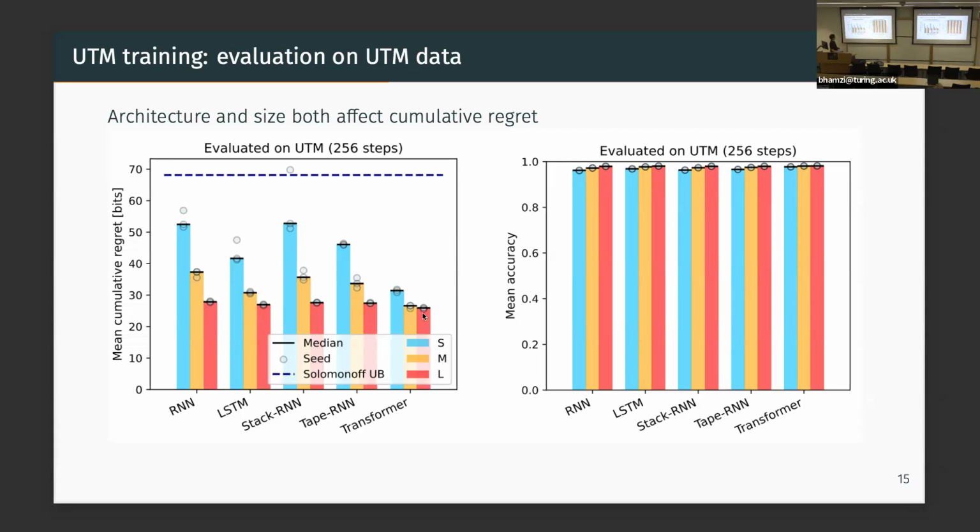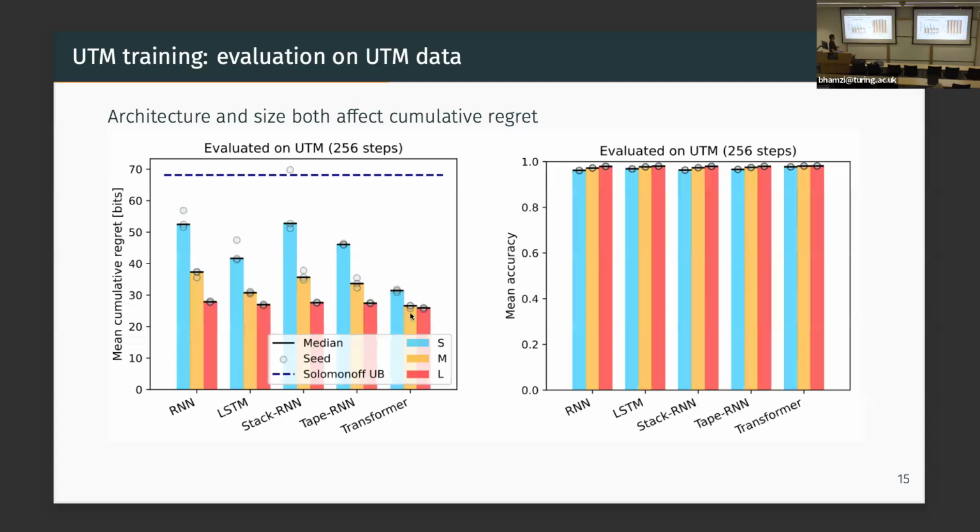Again, the transformer is doing really well compared to other architectures, and the large models have the lowest regret. I think that's interesting to note. Transformers are somehow really suited to all these patterns we've seen so far. And there are some caveats in the paper.